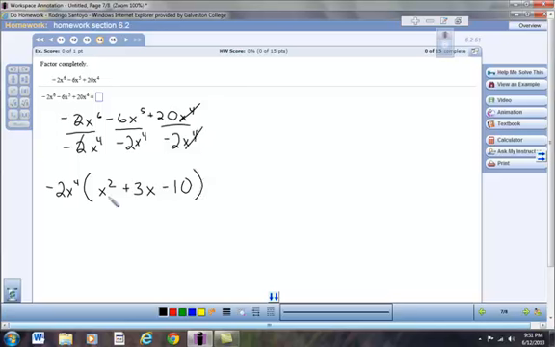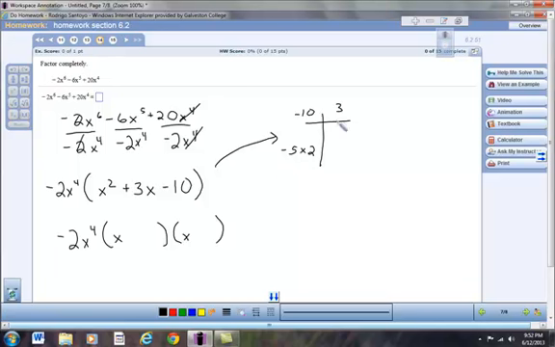Now we see that the leading coefficient in front of our squared variable is 1. So we will be able to go ahead and just do this problem as we have been doing the other ones. Because this is an x, we can put an x there now. And now from here we'll go ahead and start working. Make our table. We have a negative 10 and we have 3. And we see if we multiply negative 5 times 2, that gives us negative 10.